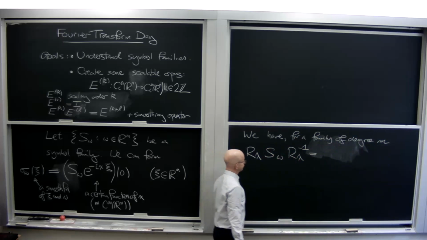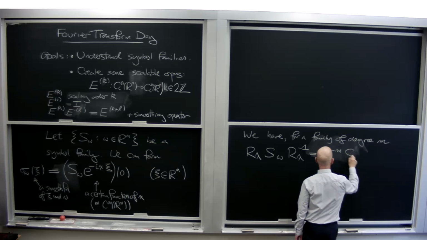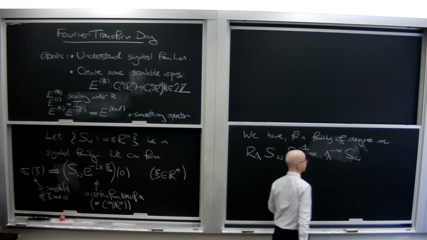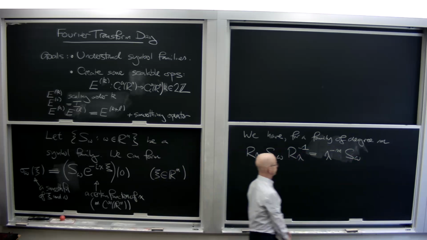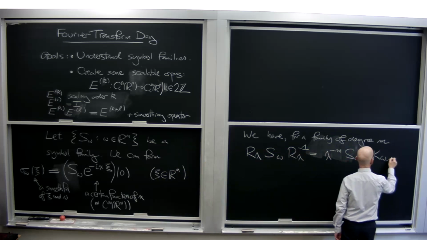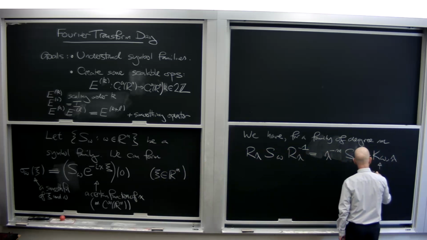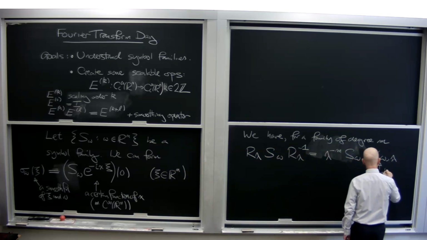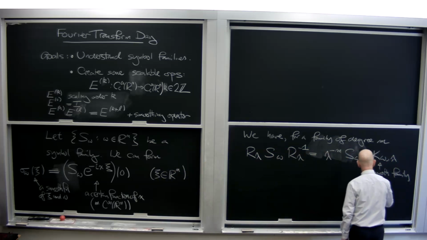Then the scaling relation says that when you do this, you get back the operator S omega pretty much up to this factor. And there's a small error, which is a smoothing operator. So this is some smooth, if you like, family of smoothing operators.